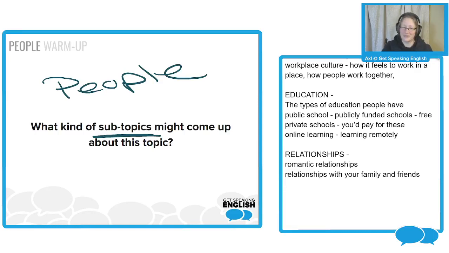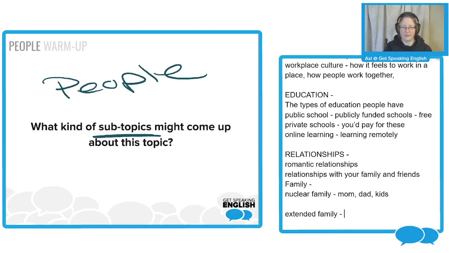So we could talk about the families, maybe the type of families, the family structure. We might hear nuclear family. The nuclear family generally consists of the mom, the dad, the kids. Then we could talk about the extended family as well.